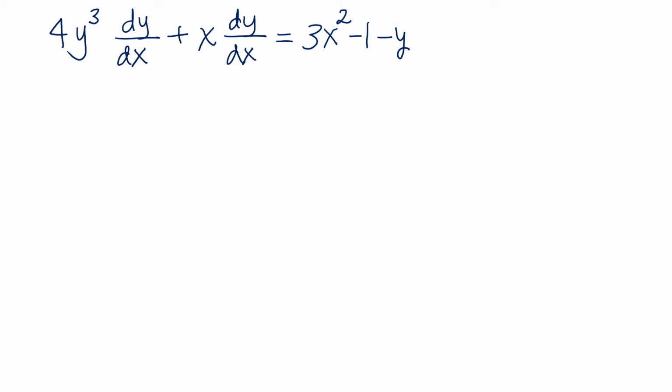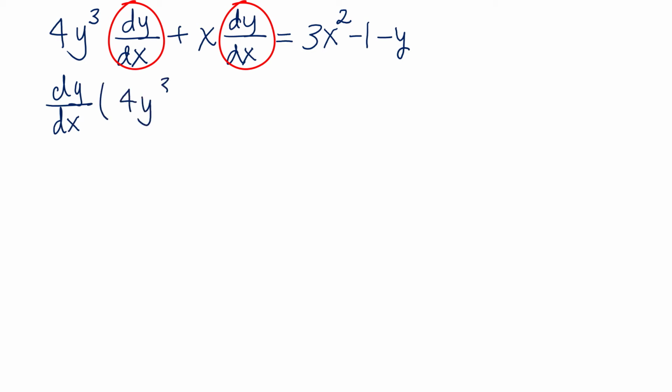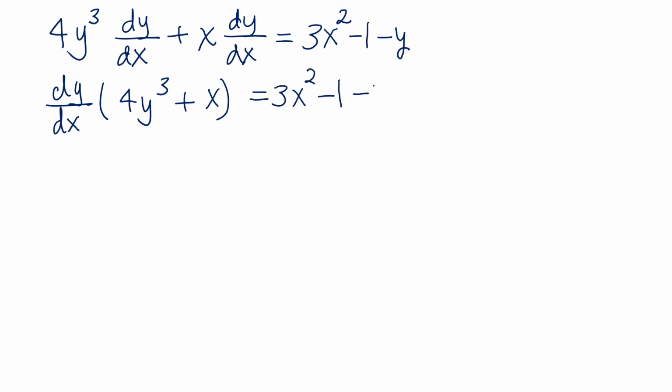Let's factor out the common dy/dx on the left-hand side. Then you get dy/dx. On the first term, you have 4y cubed remaining. On the next one, you have x remaining. That's equal to 3x squared minus 1 minus y.